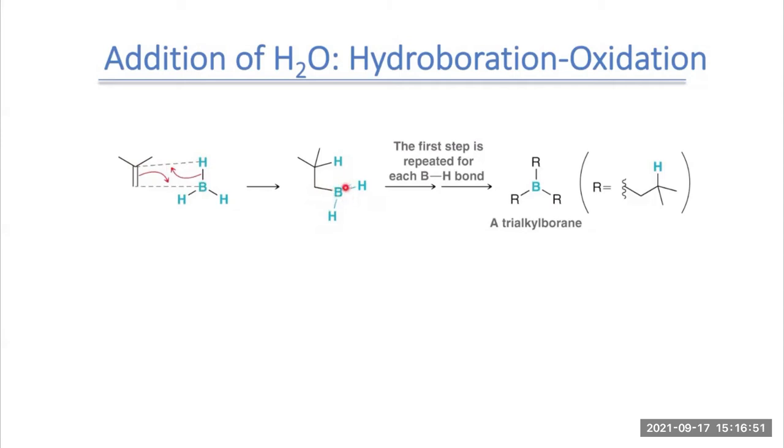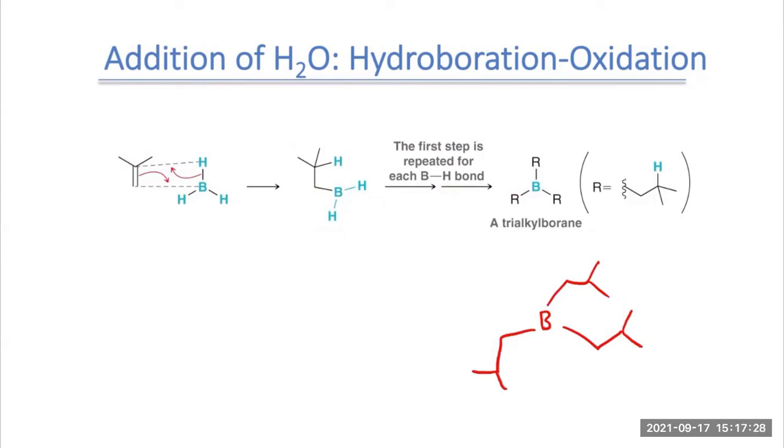This is because boron is bigger than the hydrogen. And so this is going to repeat with that same alkyl group each time. So each one of these R groups here is this alkene. So if you were to draw it out, you have boron with its 3 groups attached to it.